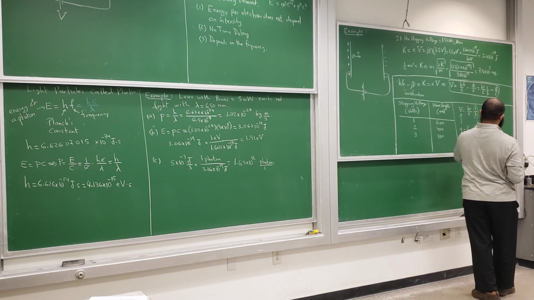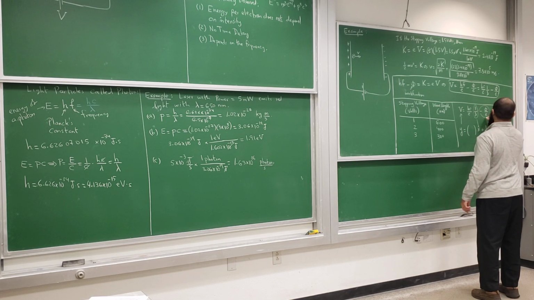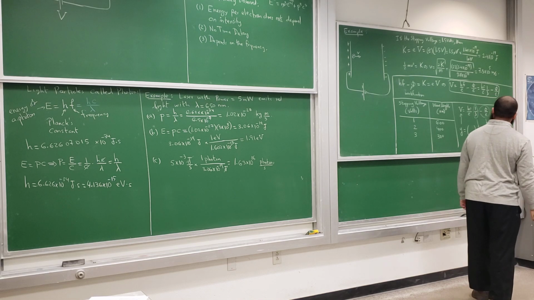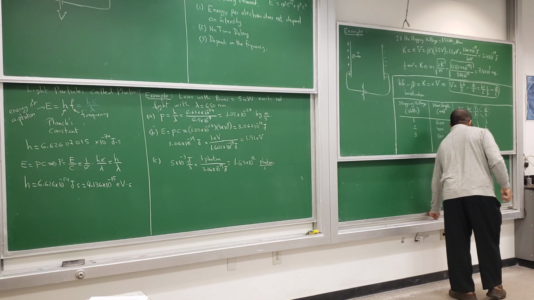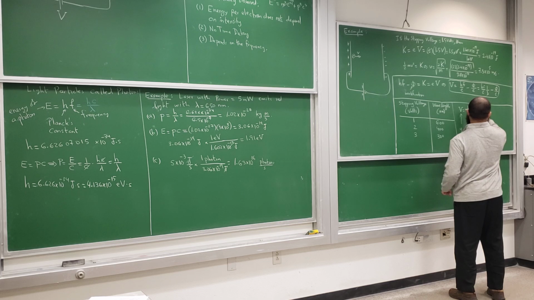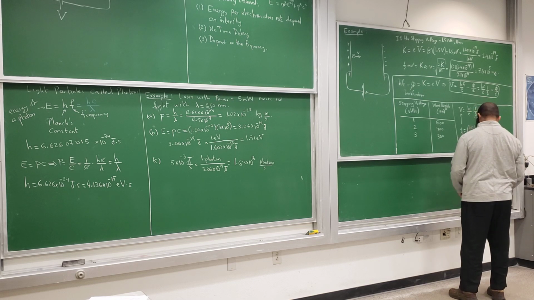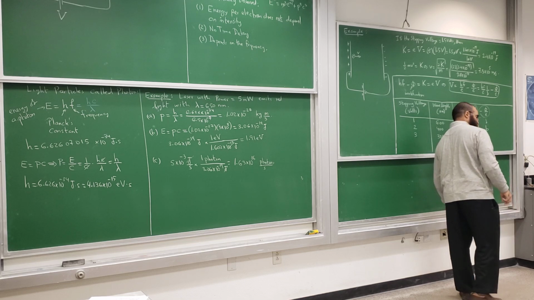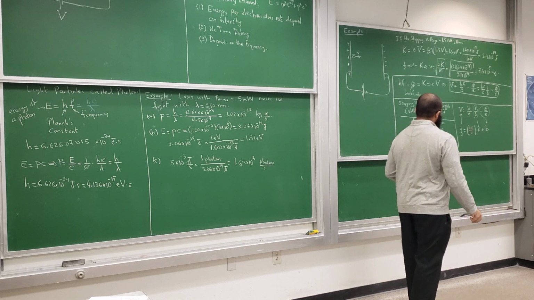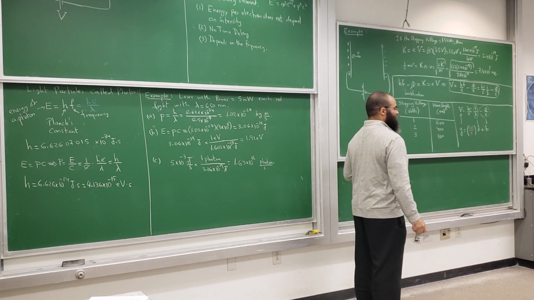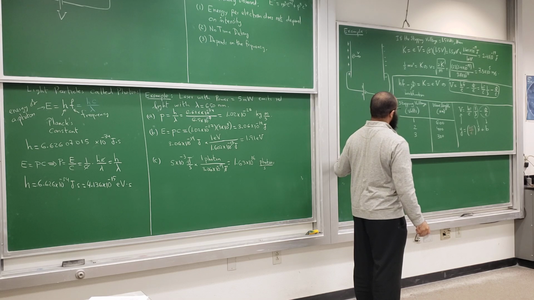So the slope, when we plot V versus 1 over lambda, is hc over e. So I'm not going to plot it, but we'll just calculate the slope.